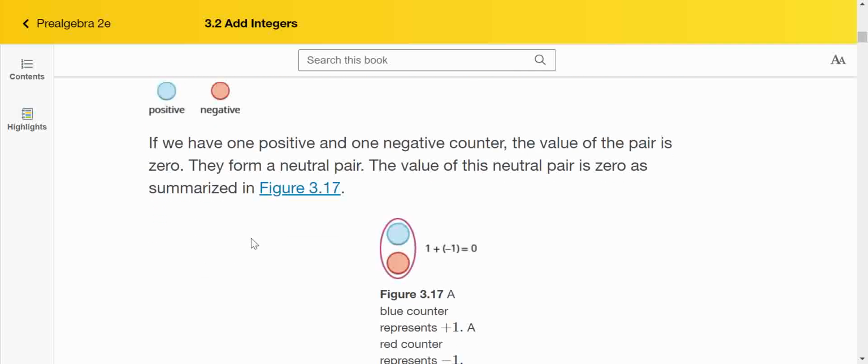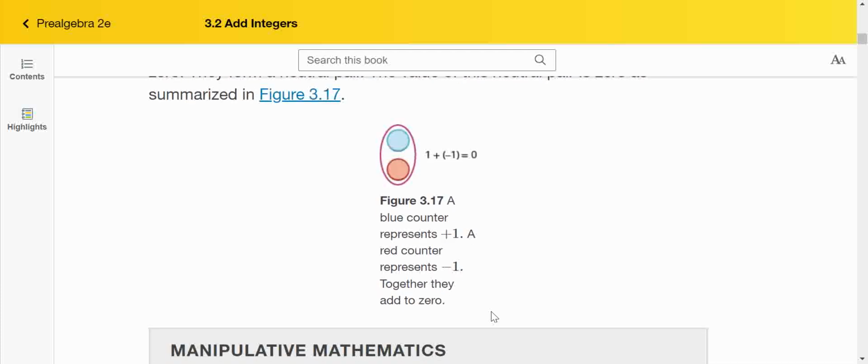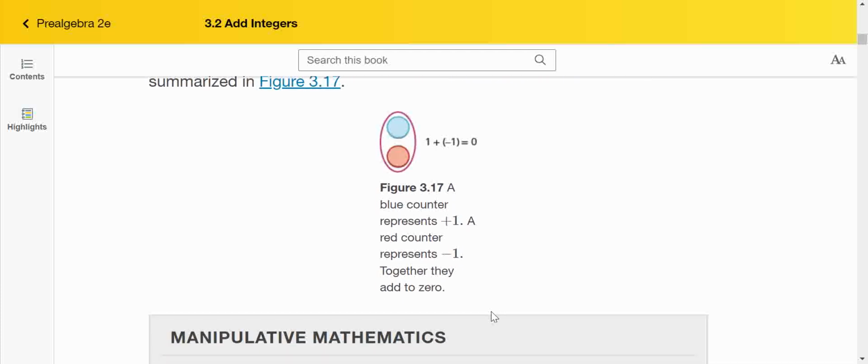They form a neutral pair. The value of this neutral pair is 0, as summarized in figure 3.17. So here we have figure 3.17. A blue counter represents +1. A red counter represents -1. Together, they add to 0.